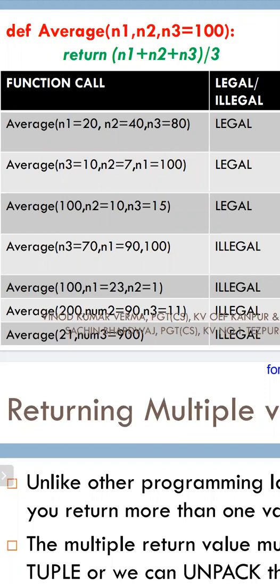Yes, we can give like this: n1 is equal to some number, n2 is equal to 100, n3 is equal to 15, like that you can give in the call statement. Yes, sir. n1 equal to 100 comma n3 equal to 15. No, that you are saying n1 equal to 100 or whatever value, then one value, then another keyword argument. Shall I say like that: keyword argument, comma, position argument, comma, keyword argument?